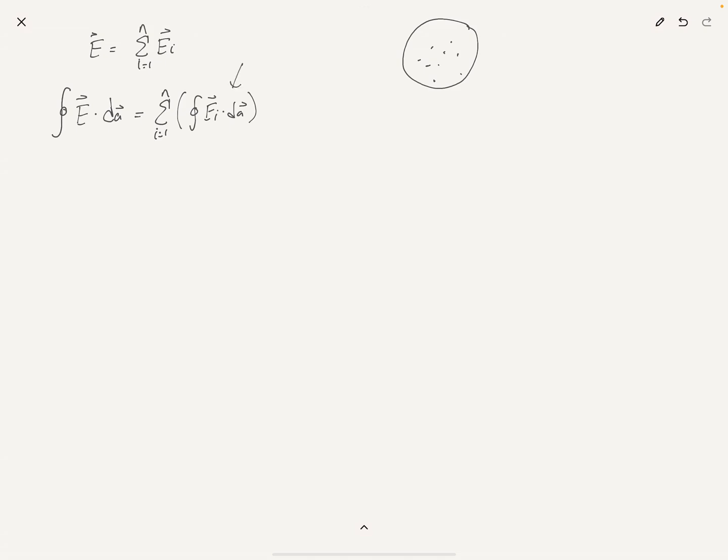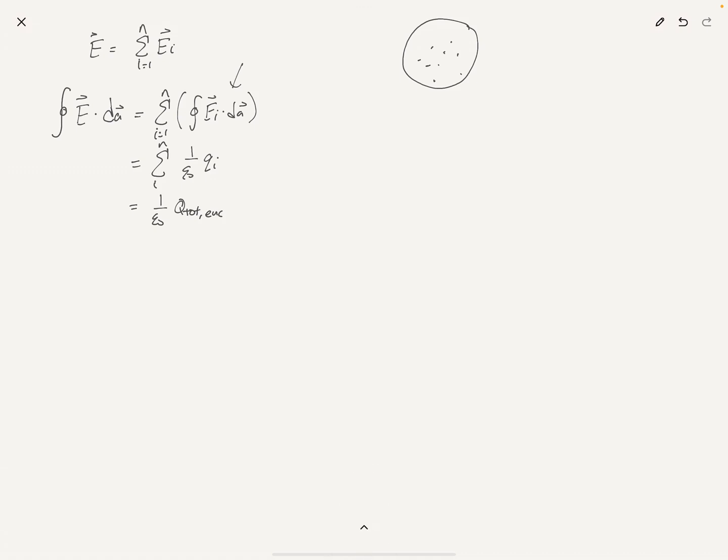But we already did this integral. That is the flux coming from a single particle, which gives the sum of 1 over epsilon naught q_i, which is the total charge enclosed by my sphere.